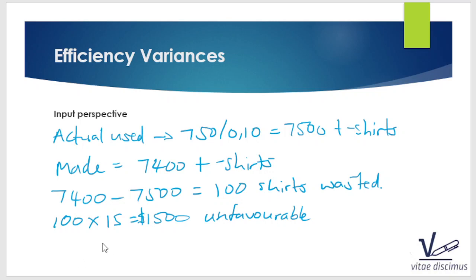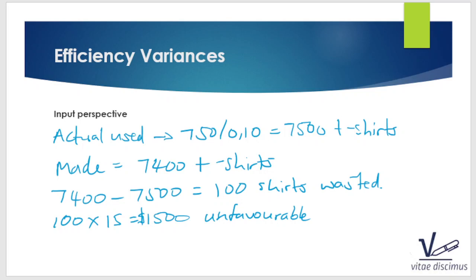Your production was just lower, 7,400 compared to the 7,500 that it was supposed to make with that same material. So it's unfavorable. We've looked at it from both perspectives, an input perspective and an output perspective.